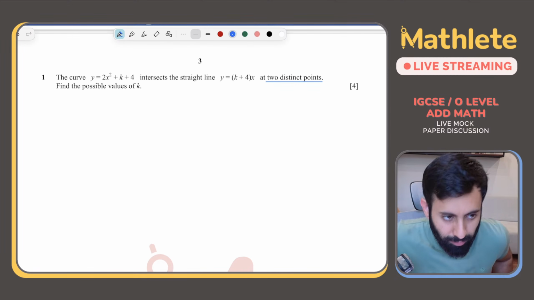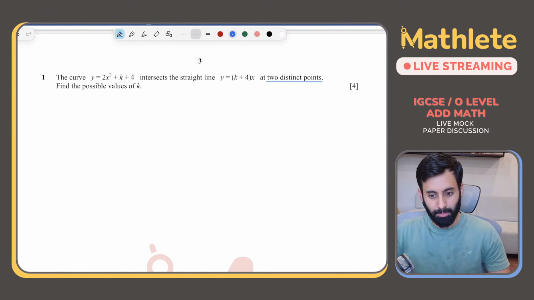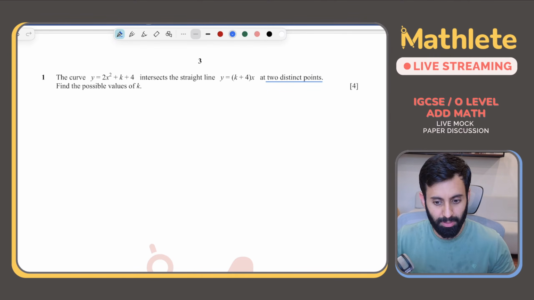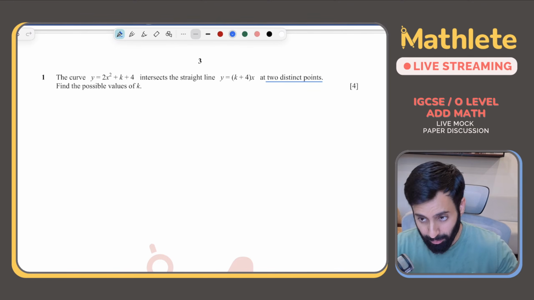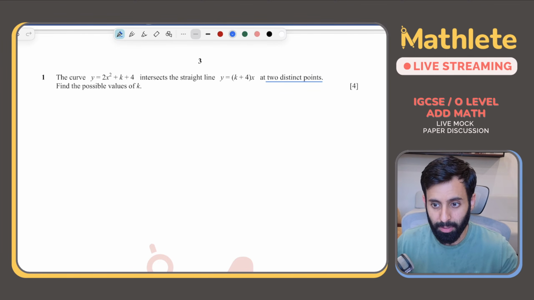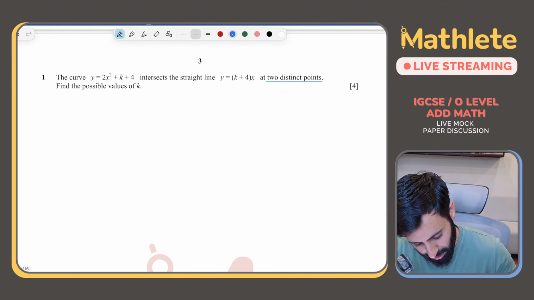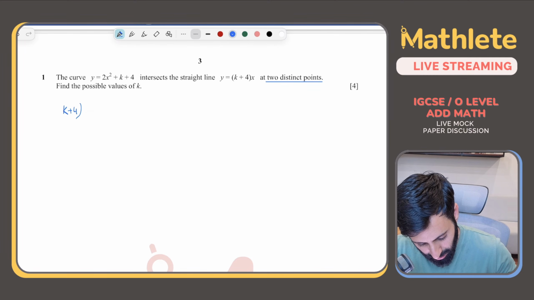Okay, now, so 2 distinct points ka matlab b square minus 4ac will be greater than 0, sahi hai. But before we do anything, we have to first substitute the equation of the line into the equation of the curve. Let's see what happens when we do that. So we get k plus 4x, theek hai. So this whole thing now becomes the coefficient of x, which is equal to 2x square plus k plus 4.